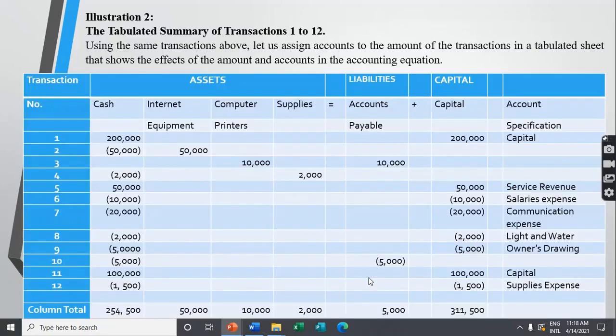Okay? So, kung itatabulate natin yung transactions from 1 to 12, so ito yung makakalabasan niya.